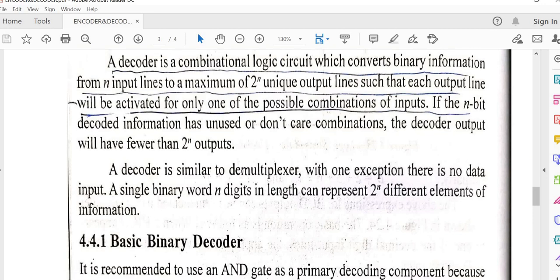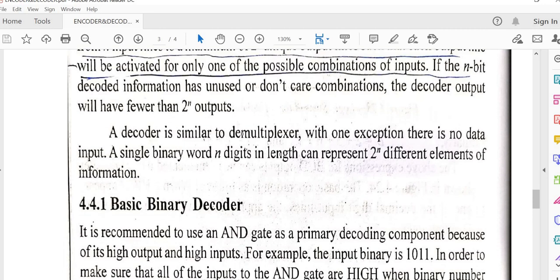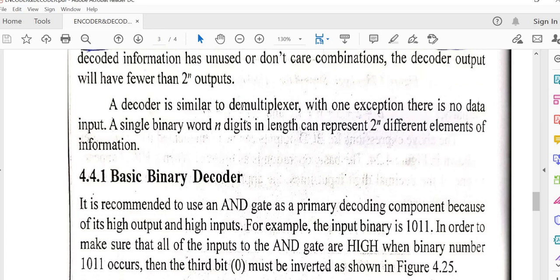We will see this in the function table. You have already learned the demultiplexer combinational circuit. A decoder is up to some extent similar to a demultiplexer, with one exception: there is no data input.